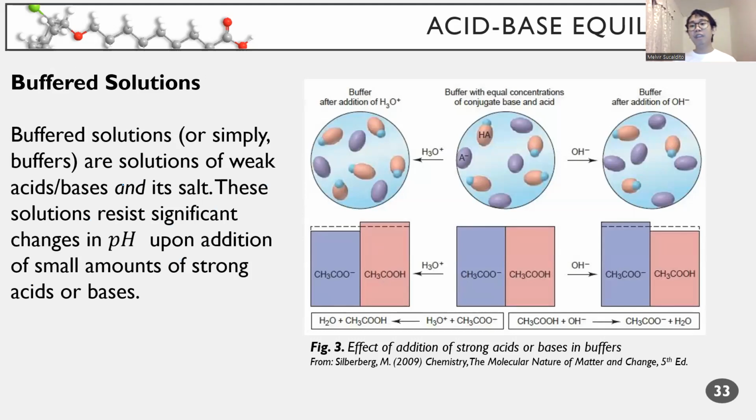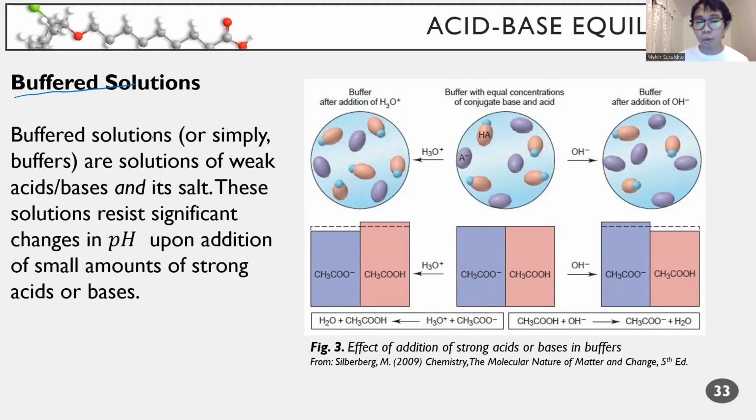Now, you have already seen the common ion effect. There are also what we call buffered solutions. Familiar with the term? Usually, if you have an aqueous solution and you don't want the pH to change drastically, you have to add a buffer to your solution.